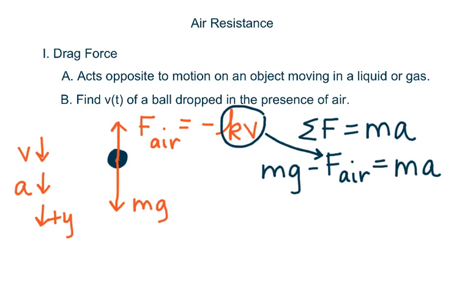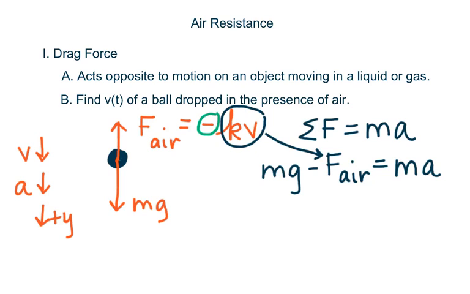I'm going to plug in my equation for my resistive force into my Newton's second law equation, and notice that I'm not bringing the negative over with that, because the negative, which I will circle in green here, tells us that when we draw our free body diagram, the drag force is going to be in the opposite direction to motion.